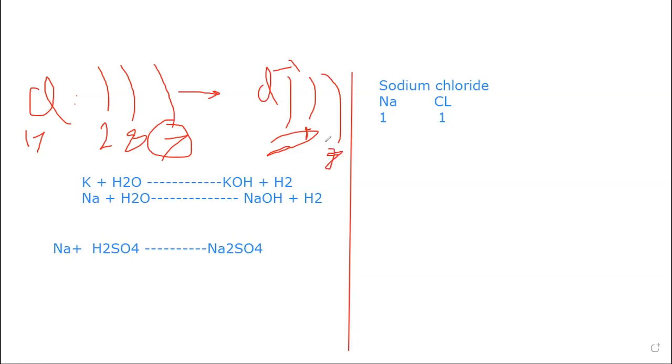So we say the valency of chlorine is monovalent, or 1, because this element gains 1 electron during the chemical reaction.